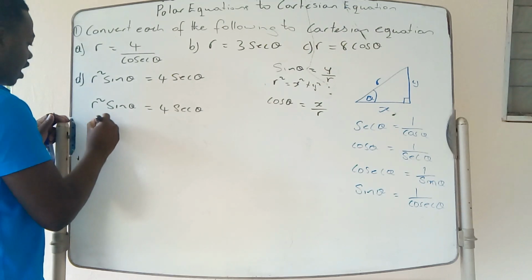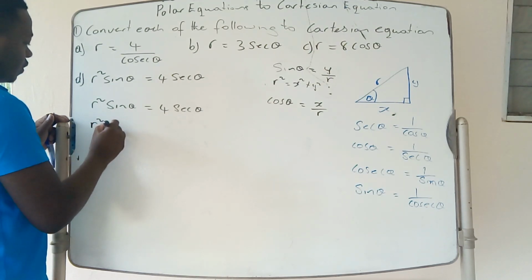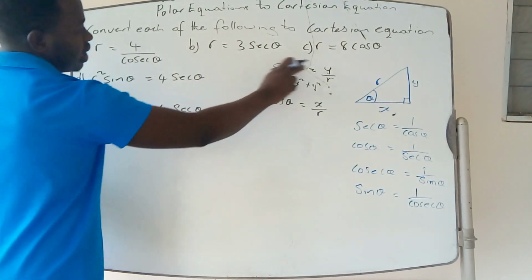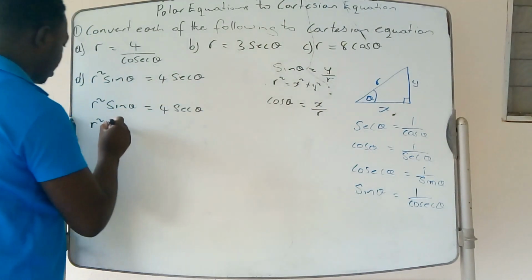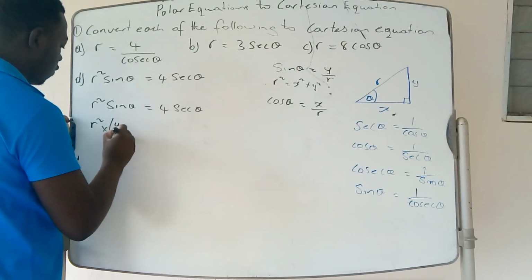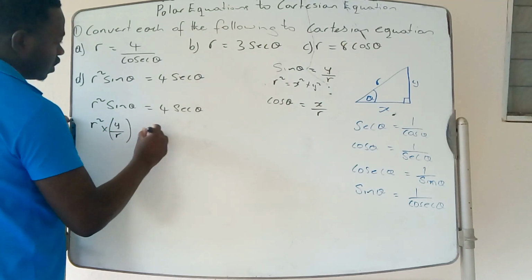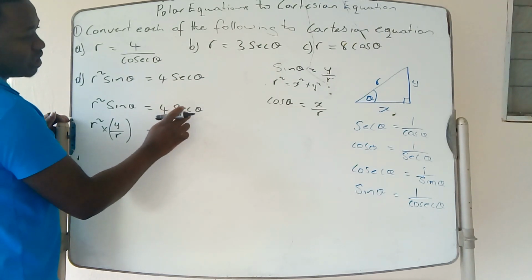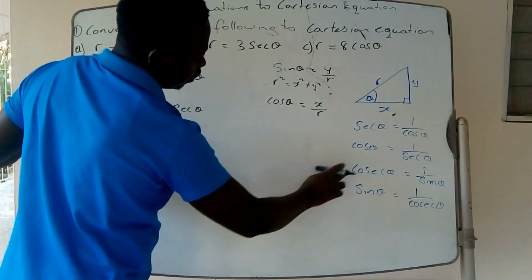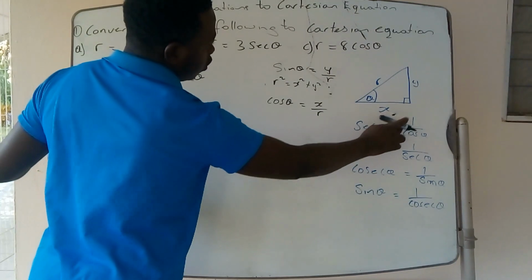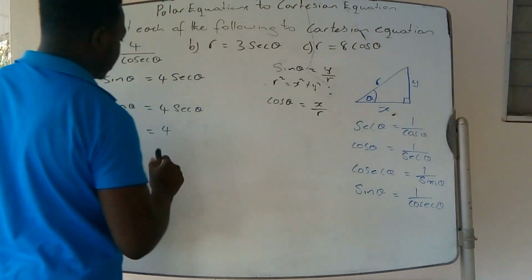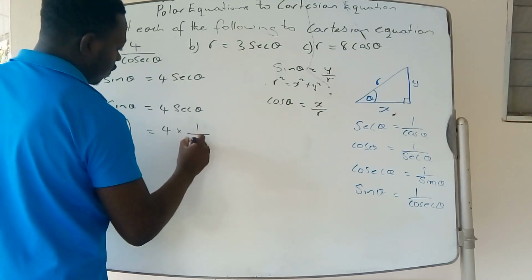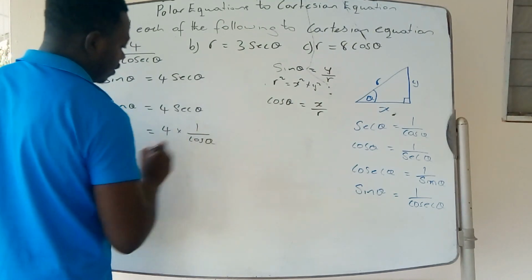So we have r squared times sine theta. But what is sine theta? Sine theta is just y over r. So that's times y over r, which is equal to 4 times sec theta. But what is sec theta? Sec theta is just equal to 1 over cos theta. So this is just 4 times 1 over cos theta.